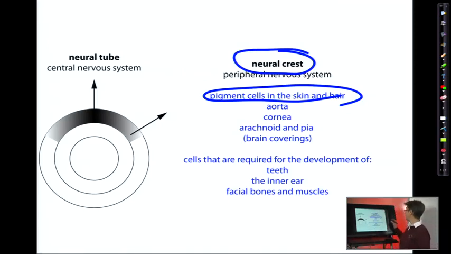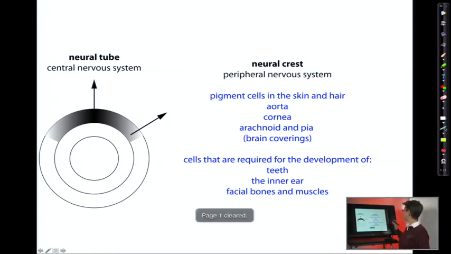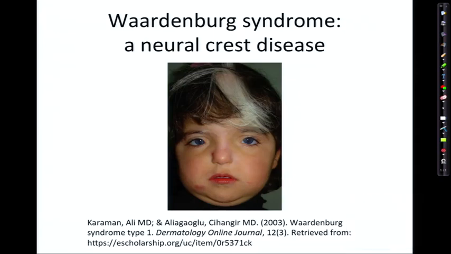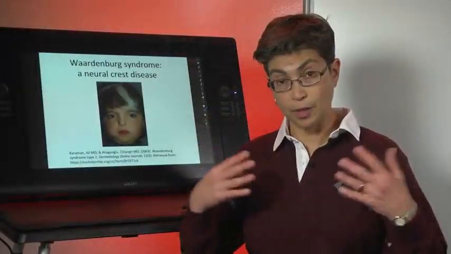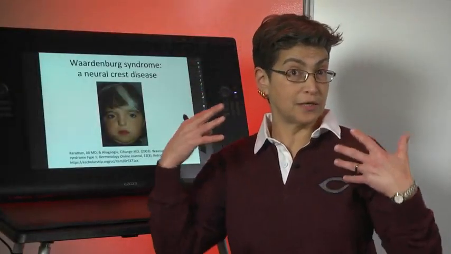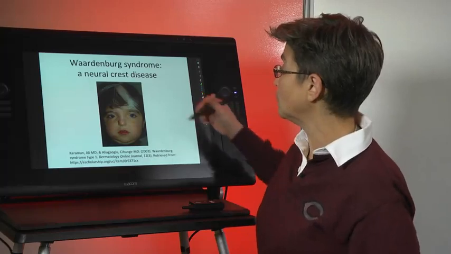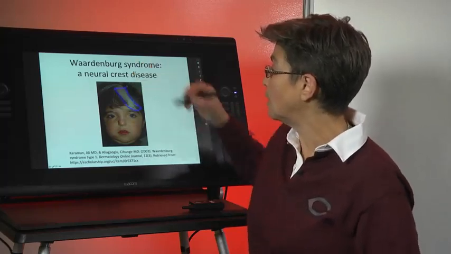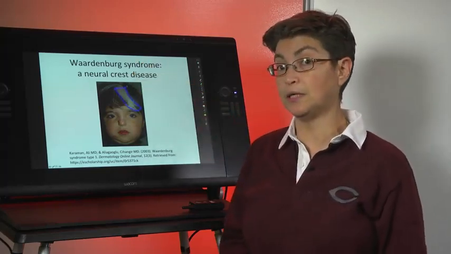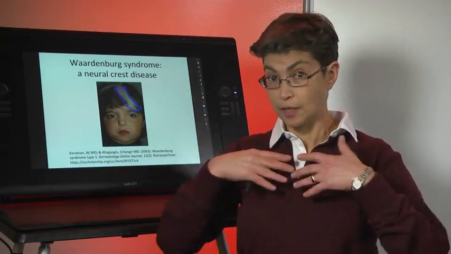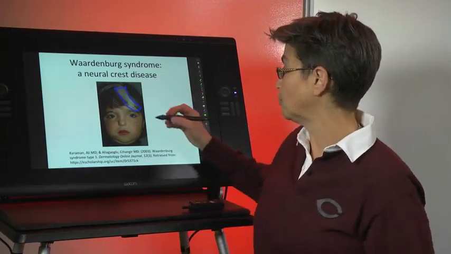And the best example of that is a syndrome called Waardenburg syndrome. And this shows a young girl with this syndrome. It is a neural crest disease, and she's very likely deaf. We can't tell that by looking at her, but Waardenburg syndrome comes with deafness because the inner ear does not develop correctly. You can see other aspects of it. She has this abnormal pigmenting in her hair. She probably also has it on parts of her body and her skin.